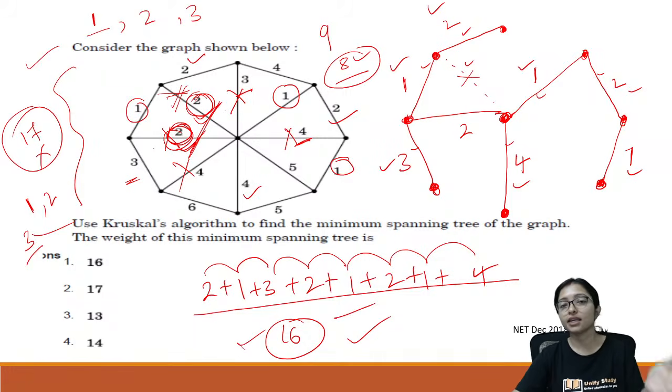That's why, after understanding the concept, do the shortcut. Draw all the vertices quickly, then one by one check where the minimum one is, draw it, then the next minimum one, draw it. You will get the quick answer.